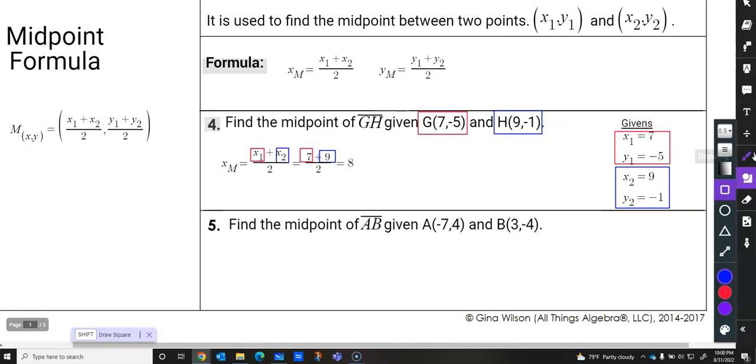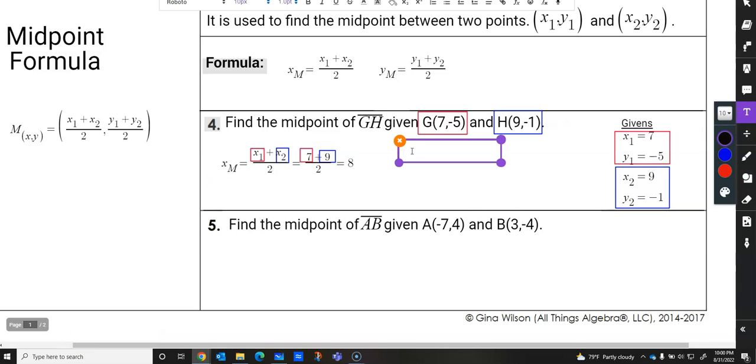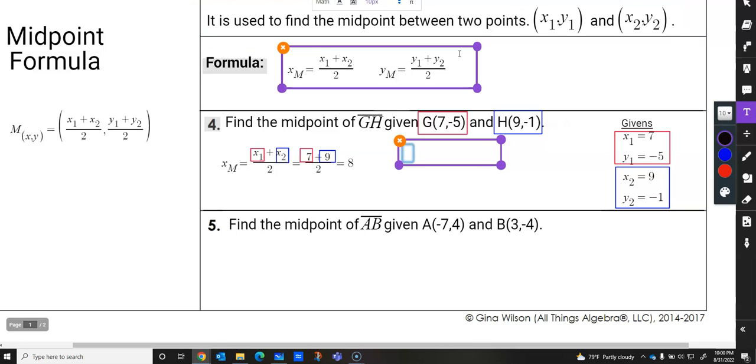So I have my color coding. Now I have x of the midpoint, so I need to find the y of the midpoint now. I'm going to use my formula tool. Y subscript m is going to be equal to fraction bar y1 plus y2, and that's divided by 2.